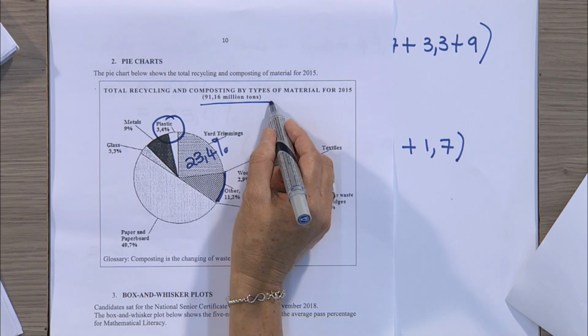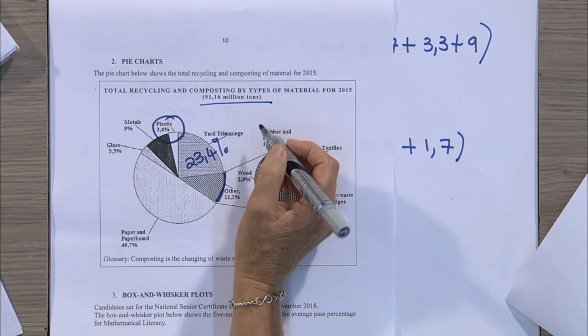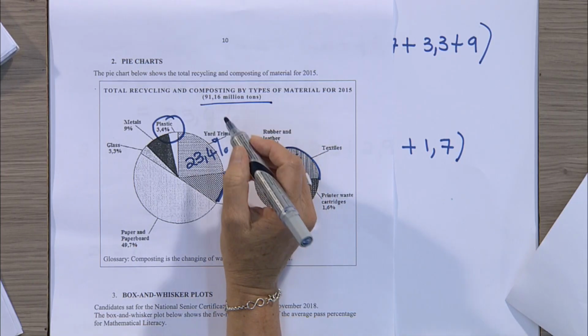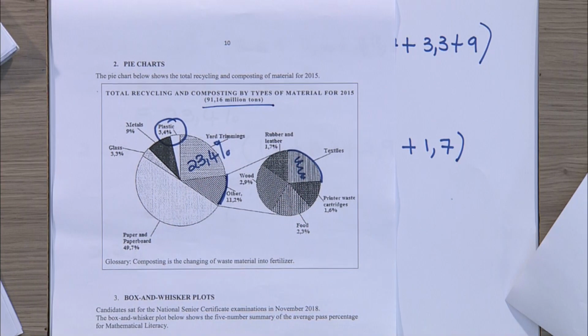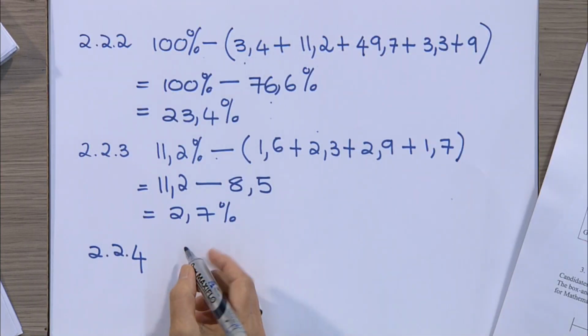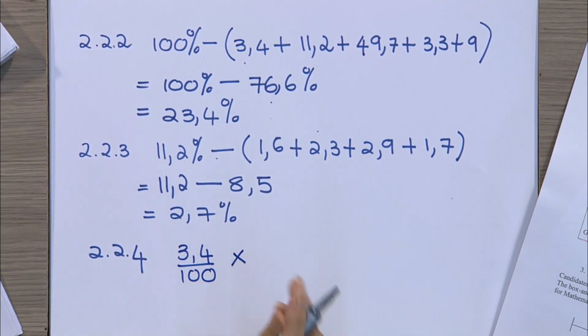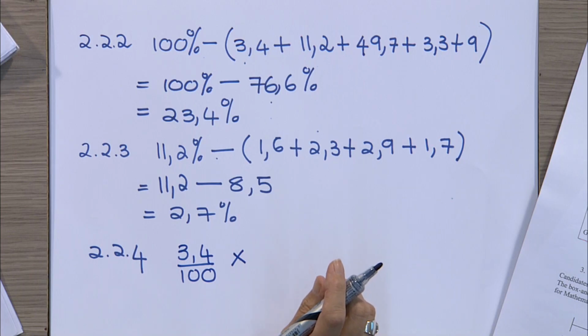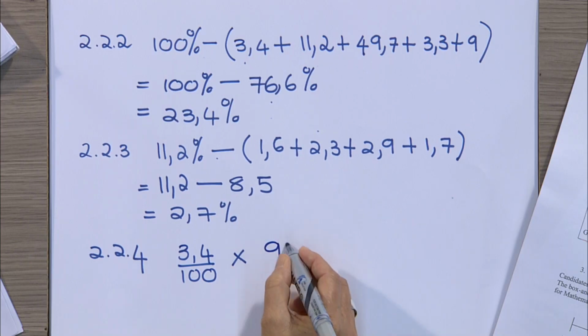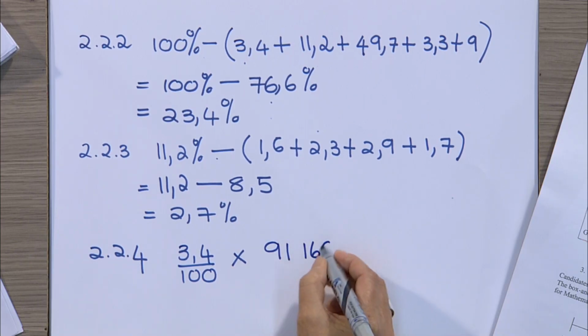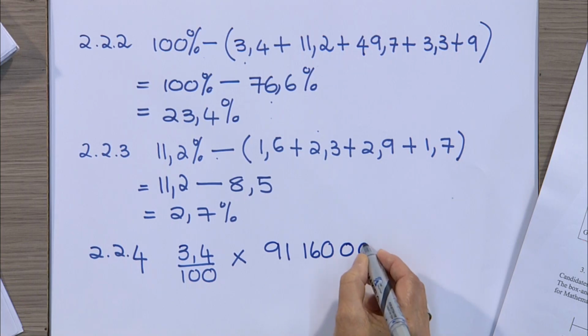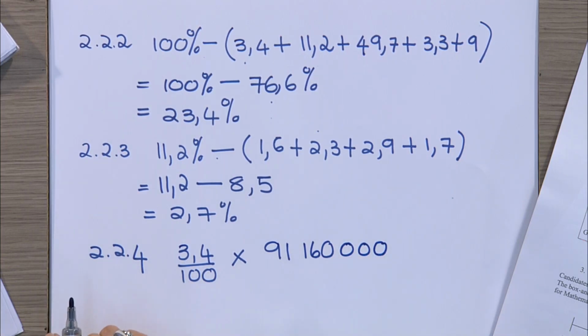So out of the total million tons, they want to know what was plastic. So plastic is 3.4% times the 91.16 million tons. So 91,160,000 tons.